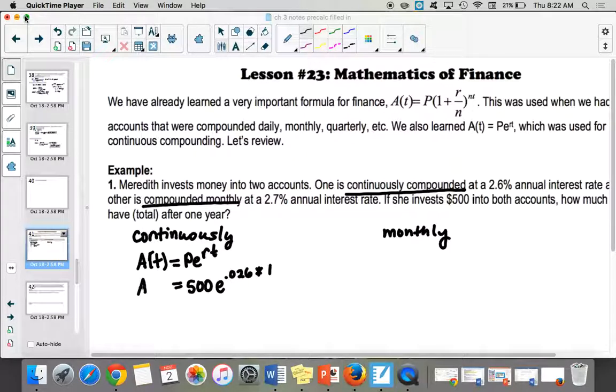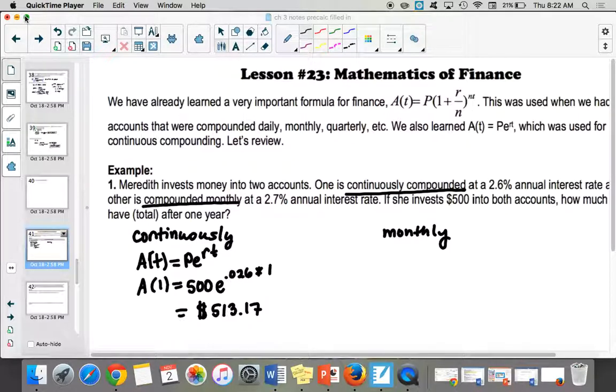We're trying to figure out how much she has after 1 year. So we put that in, and we get that she has $513.17 total. So she made about $13.17 off of her investment, right?